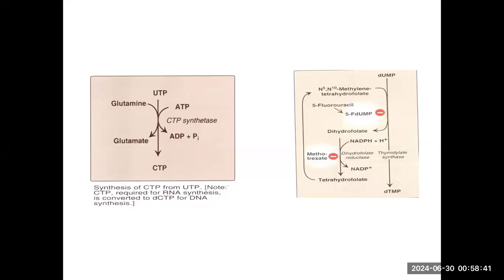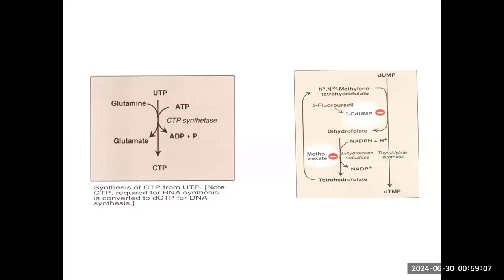The conversion of deoxy-UMP to deoxy-TMP can be inhibited by 5-fluorodeoxy-UMP. So 5-fluorodeoxy-UMP is the molecule that inhibits the conversion of deoxy-UMP to deoxy-TMP.